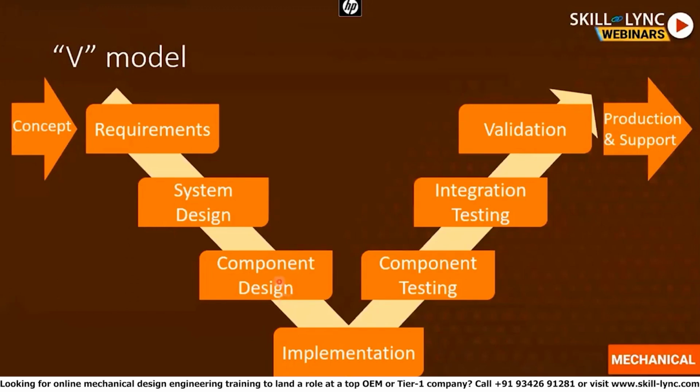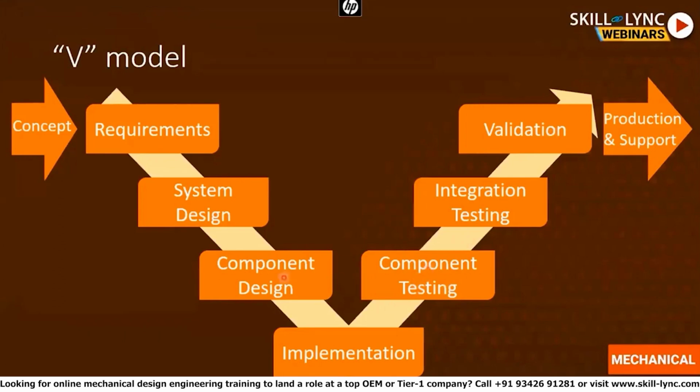Once you do the detailed design, of course, you do the implementation, you do the integration: integrate all these components into a single system, and integrate all these systems into a single product. That we do here. And then there is another phase in this testing element, starting with the component testing.